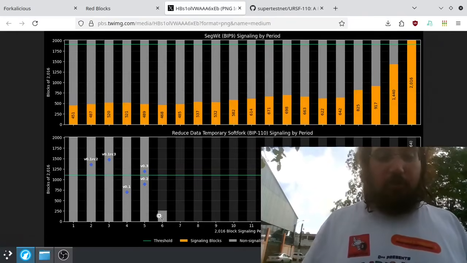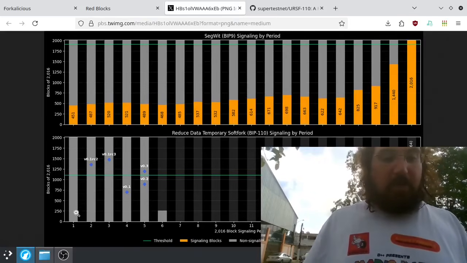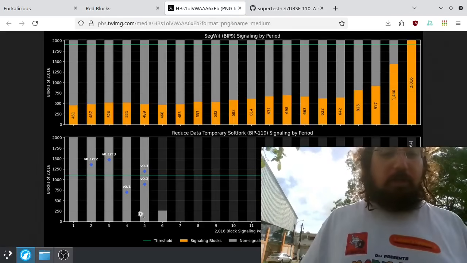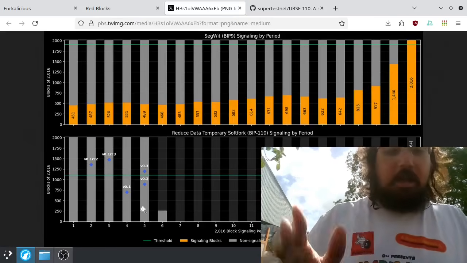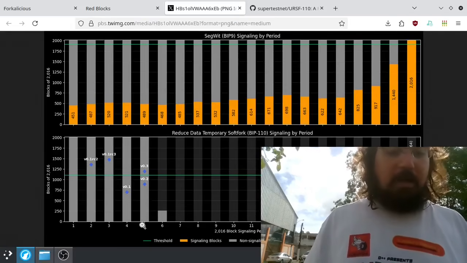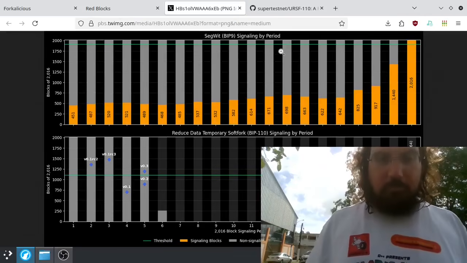We have 0 for BIP 110. The gray is how many blocks have elapsed during the signaling window. Each signaling window is 2016 blocks, so 5 of them have already elapsed completely. We're in the middle of one right now, and if there were any people signaling, they would show up as blue blocks. But there have been none, so there are no miners signaling that they're in favor of this.